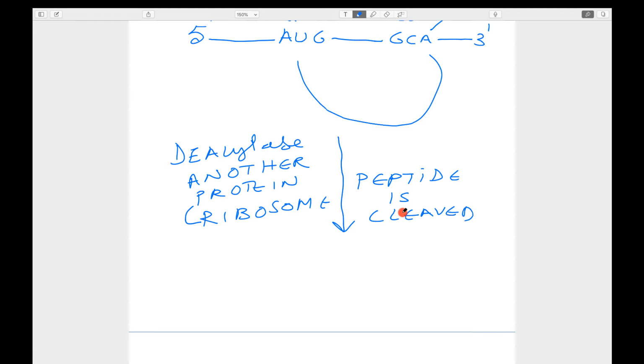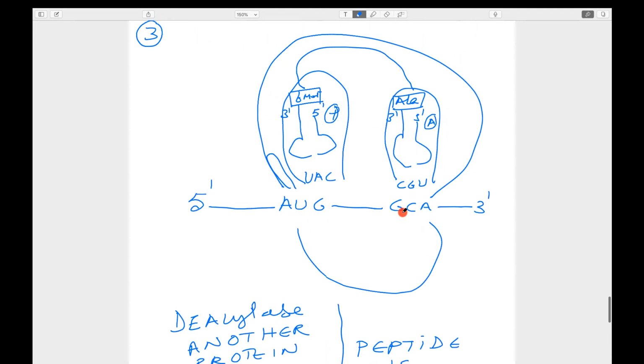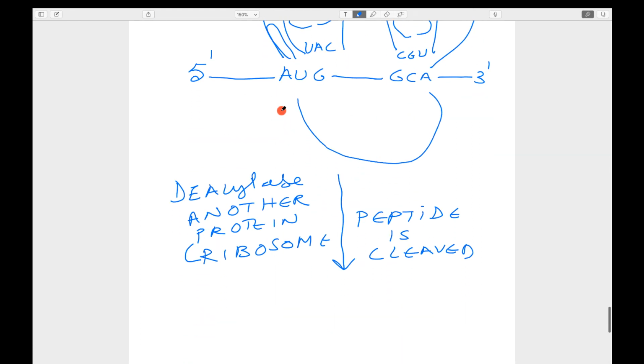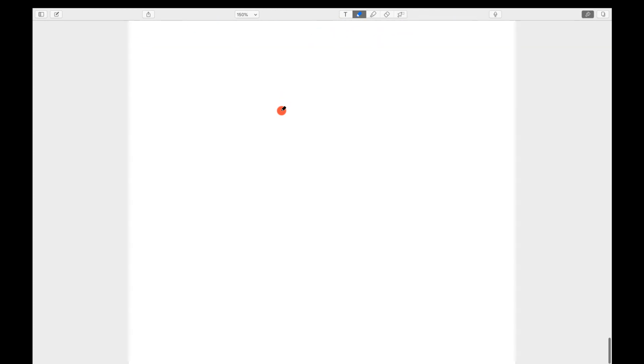Let me go back again to the diagram. The peptide may be cleaved here. Once the peptide is cleaved here, what will be the scenario? Let me see here. AUG, then GCA, then 3 prime.